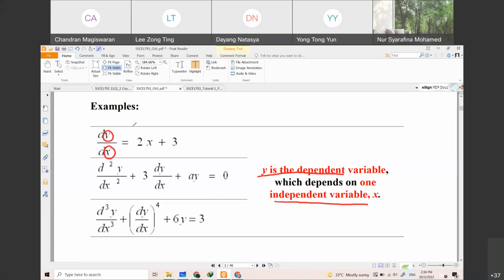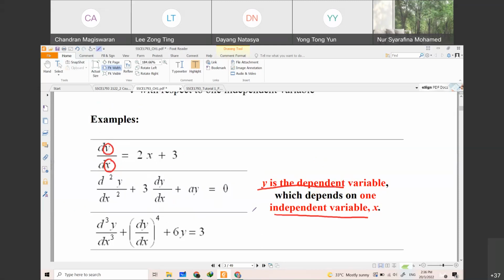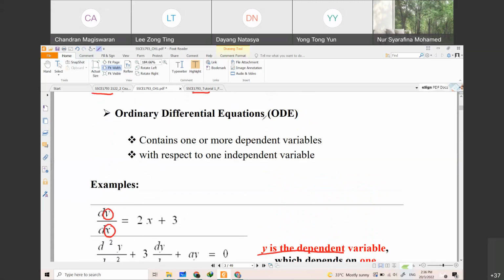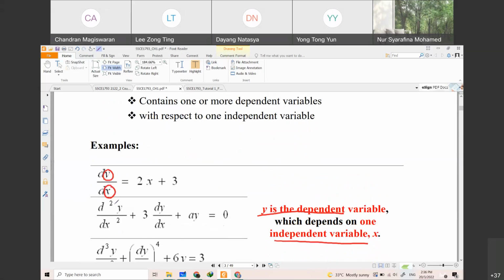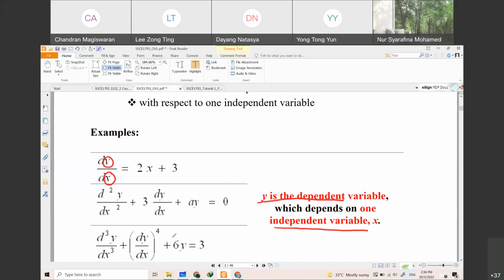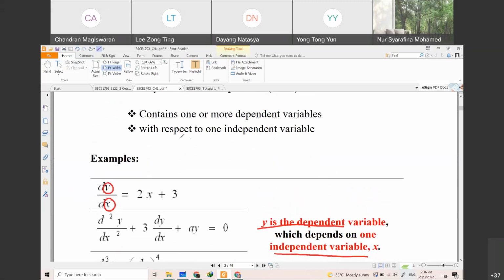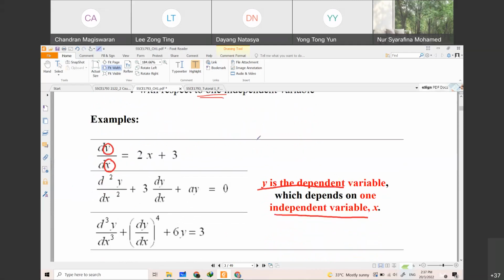So how can we know that this is ordinary? Ordinary contains one or more dependent variables. What are the dependent variables? y. It contains y here, also y here, also y. So one only, but it can be one or more dependent variables with respect to one independent variable.